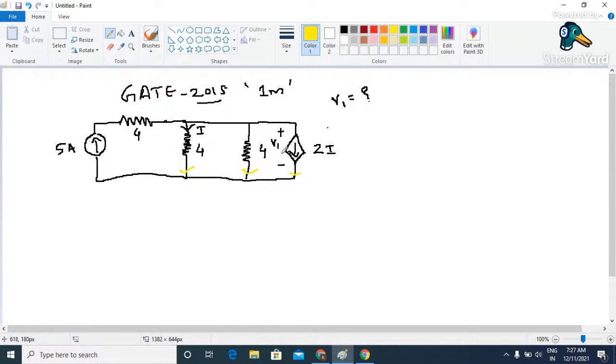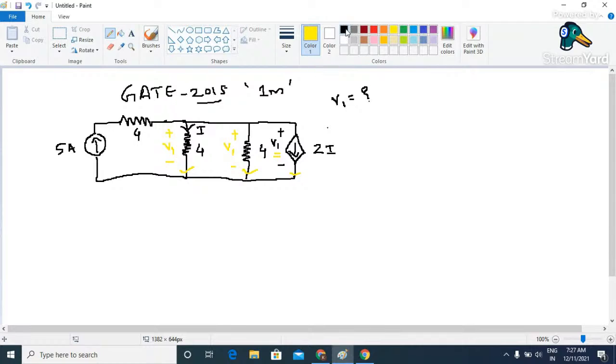In the numerical it is given that this is V1, the voltage across this current controlled current source. So the same V1 is going to appear across this resistor, and the same V1 across this particular resistor. So here we have V1, again here we have V1, and the same V1 is available over here.